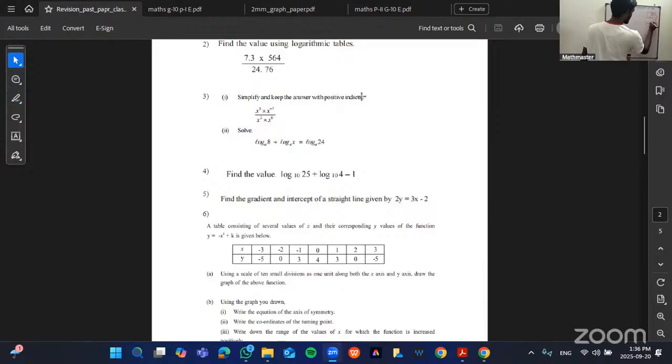For example, x power 3 divided by x power 2. You have the same base, but different powers and you divide, which means you can subtract these two powers. X to the power 3 minus 2, that is x power 1. So these are the laws of indices that you have learned. Understood? So the same law you can apply here as well.